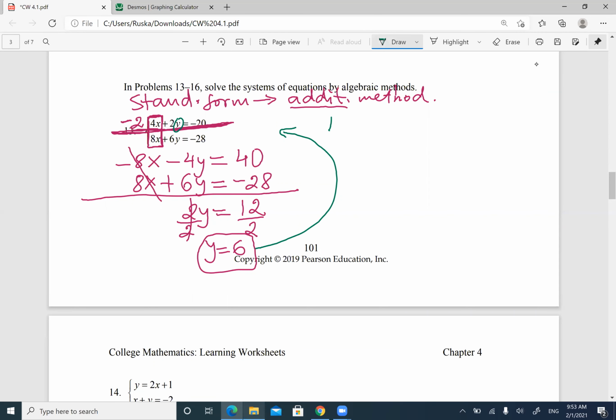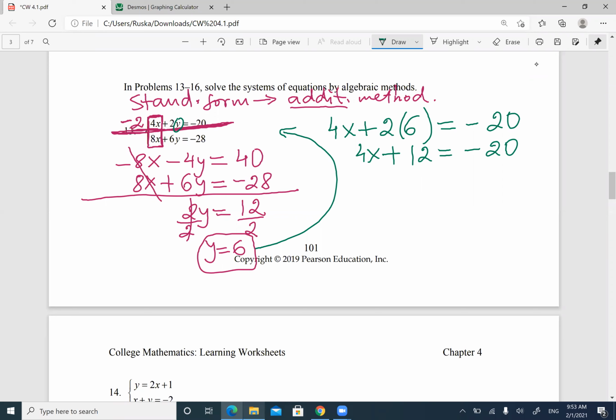So I'm replacing y with 6. So it's going to be 4x plus 2 times 6, equals -20. See, when y is a number, you plug it in, you solve, and you find x now. So how do you solve it? You have 4x plus 2 times 6 is 12, equals negative 20.